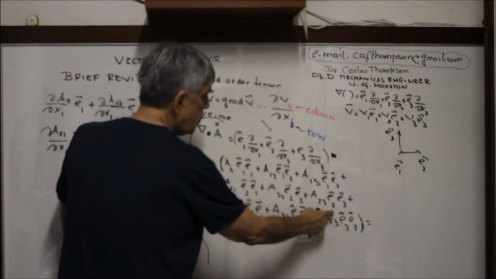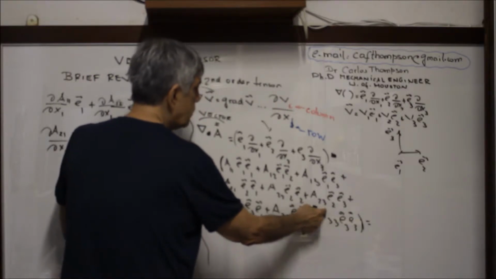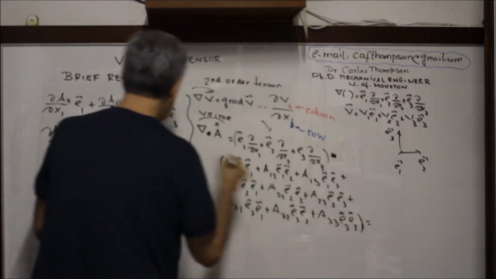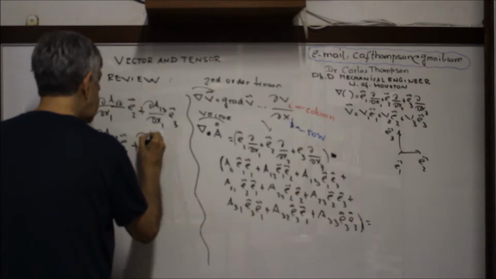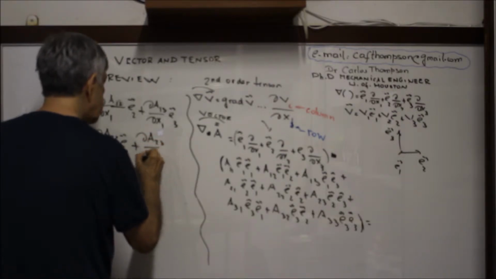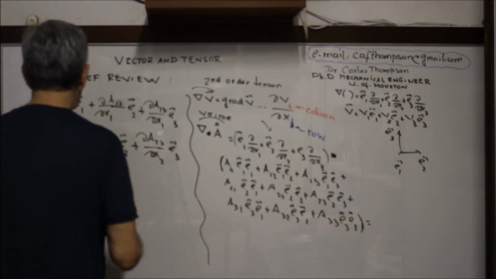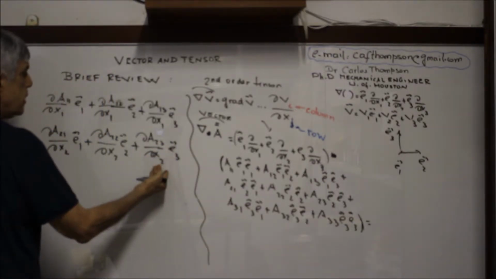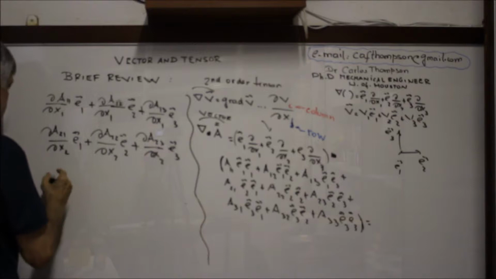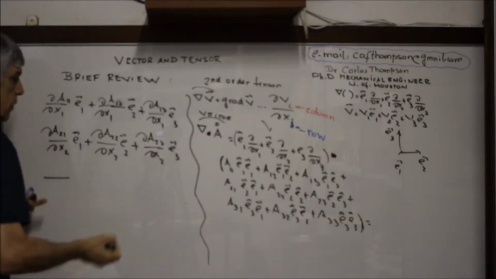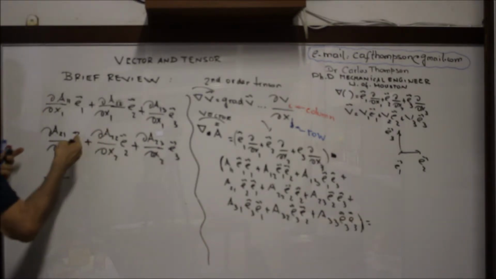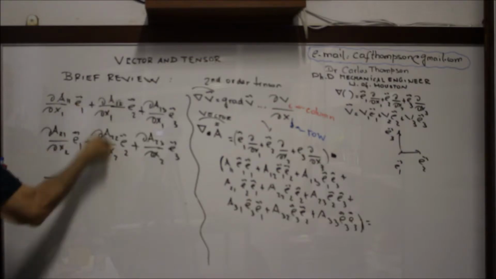So it will be partial of A23 with respect to X2, E3. You see? Now you can see from here, just this one we can write easily. Just see the sequence here.